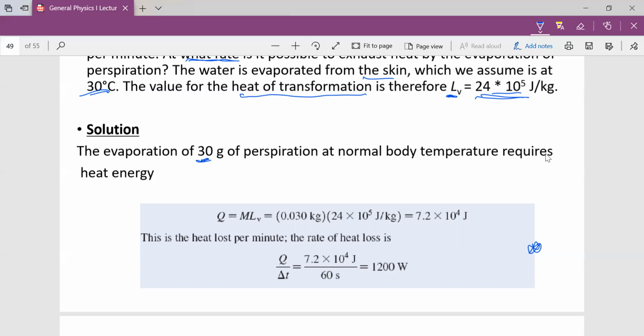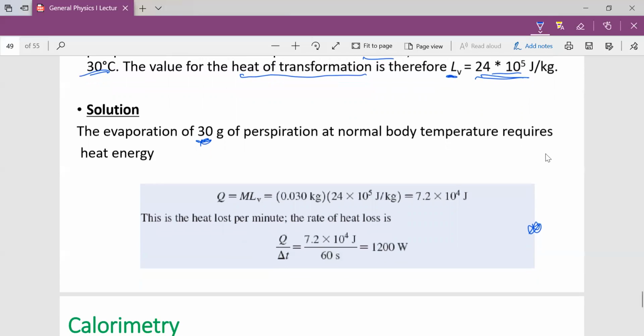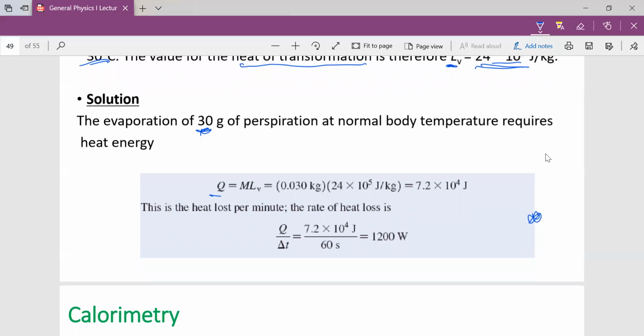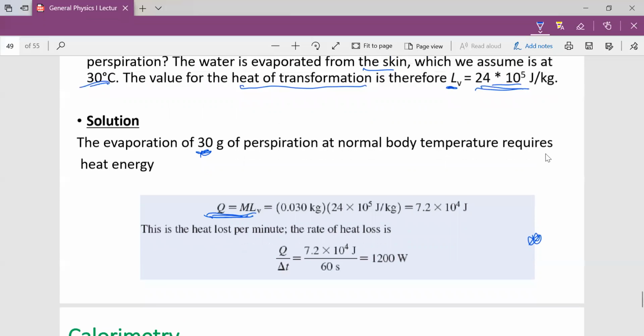So we have the equation, which is the Q, energy required for the heat energy of transformation, to be the product of mass, as given in the question, times the constant of the transformation energy for vaporization, to be 7.2 times 10 raised to the power 4 joules.